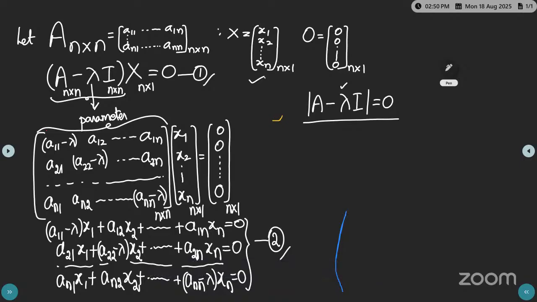Consider determinant of coefficient matrix is equal to 0.